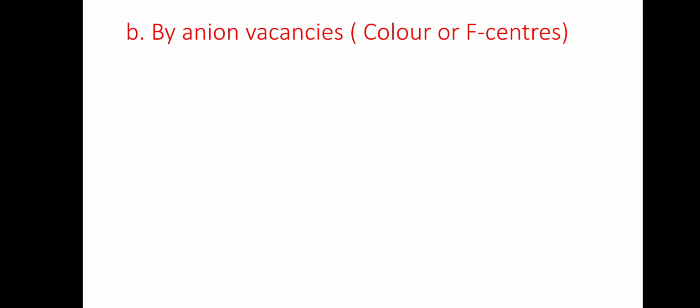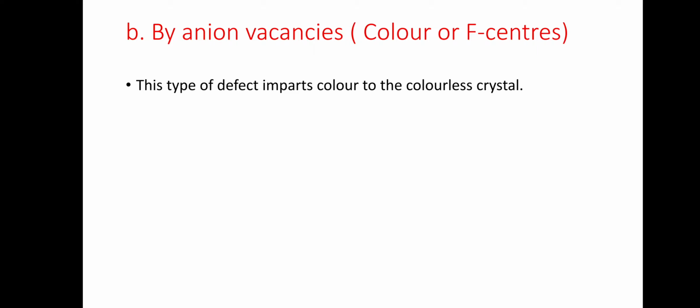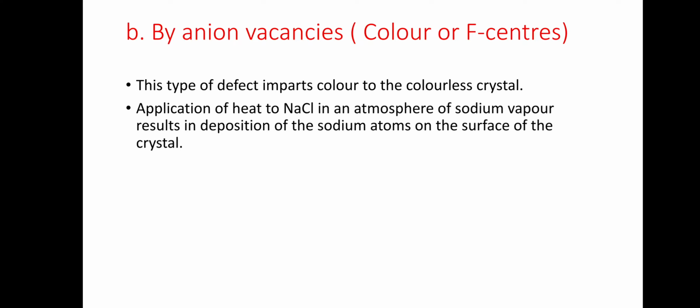Now let us see anion vacancy defect, that is color or F centers. It is also called F centers. This type of defect imparts color to a colorless crystal. Now how exactly does this defect impart the color? Let us see.